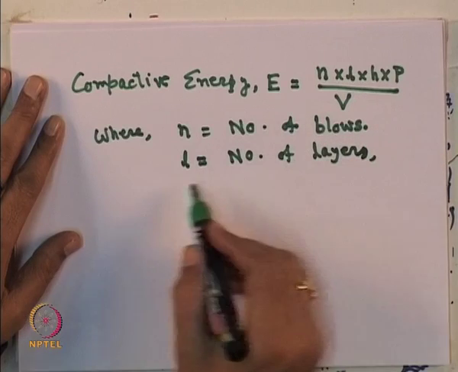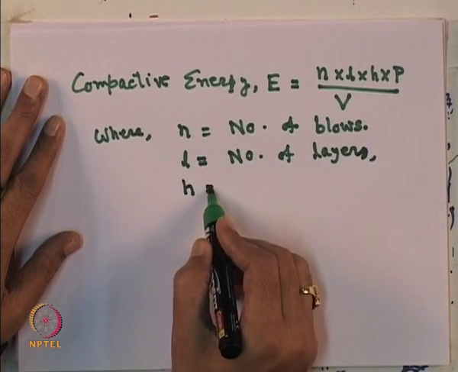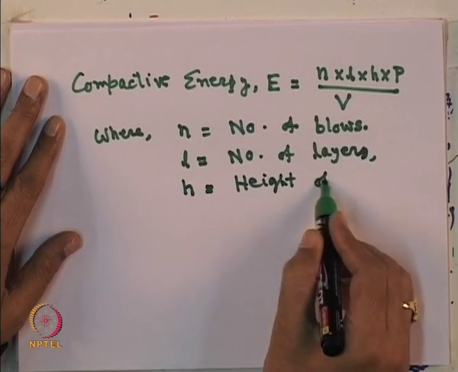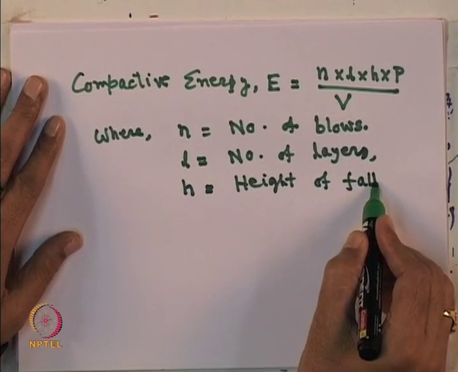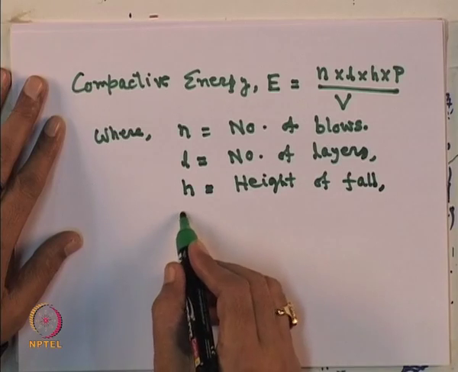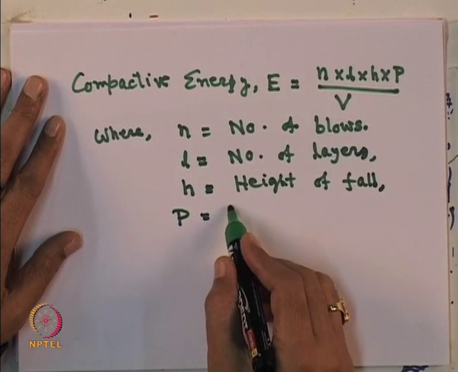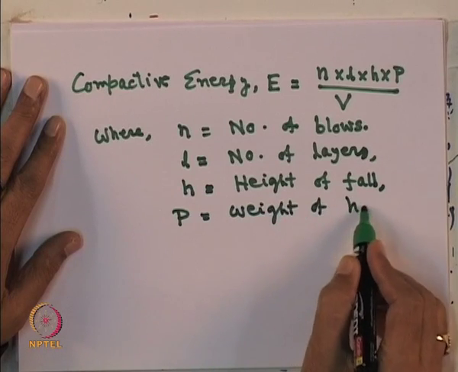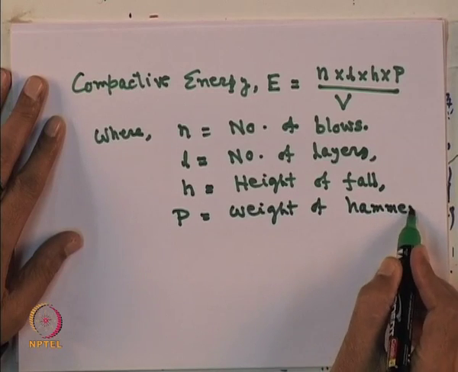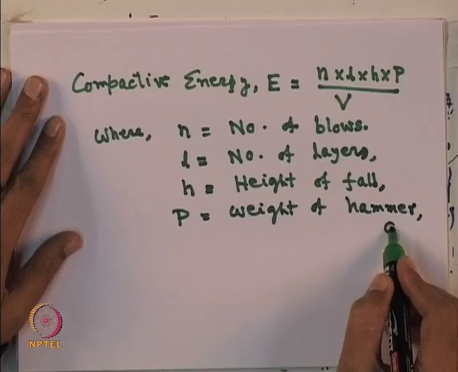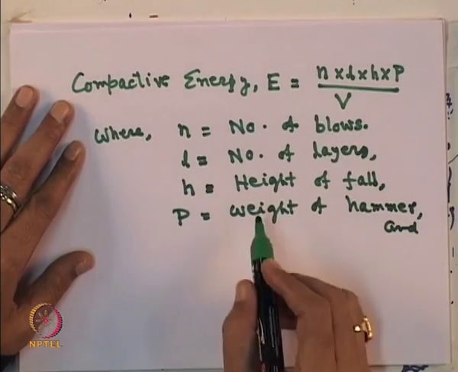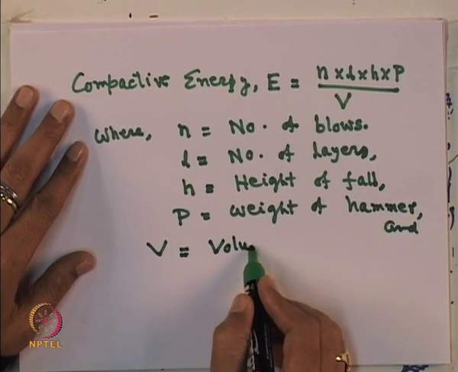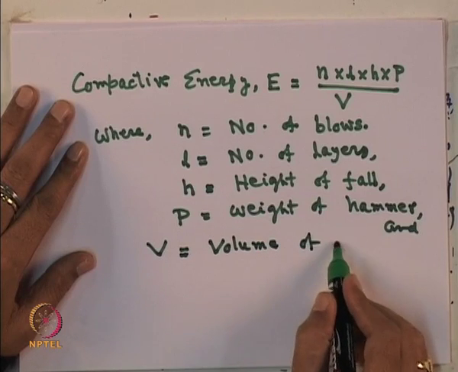And then h, small h, is the height of fall. And P is the weight of the hammer. And V is equal to the volume of the mold.